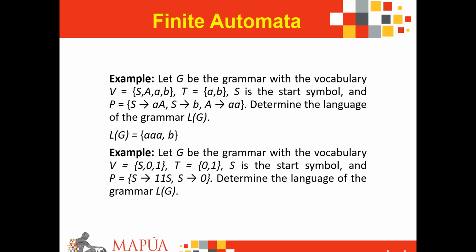In this example, your vocabulary set contains an uppercase S, 0, and 1, and your terminating characters would be either 0 or 1. Note that uppercase S denotes the start symbol, and if S points to 1, while in your production S also points to 0, then it's possible to have the following bit strings. It's possible to have a bit string containing 0 only, because 0 is likewise a terminating character.